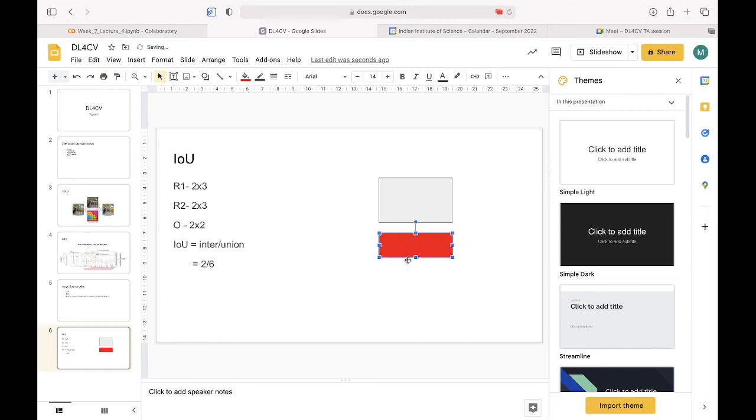So R1 is 6, R2 is 6. Total 12. Minus 4 is 8, the union. So intersection 4 by union 8, so 0.5.